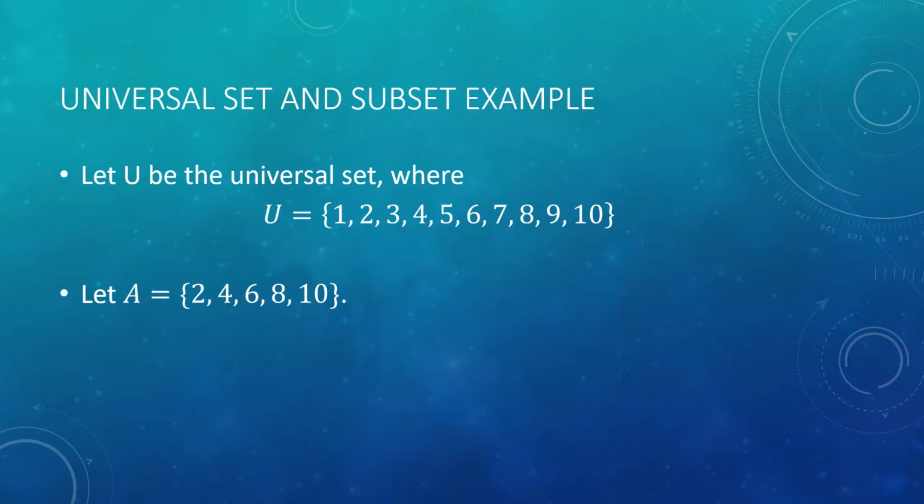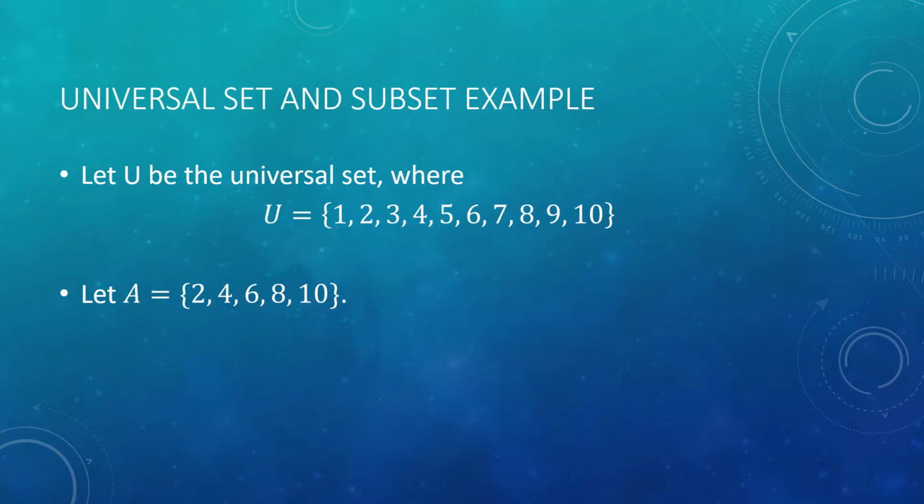I'm going to go through an example using subsets and universal sets. It says let U be the universal set where U is 1, 2, 3, 4, 5, 6, 7, 8, 9, 10. And then I've picked the set A to be 2, 4, 6, 8, 10.